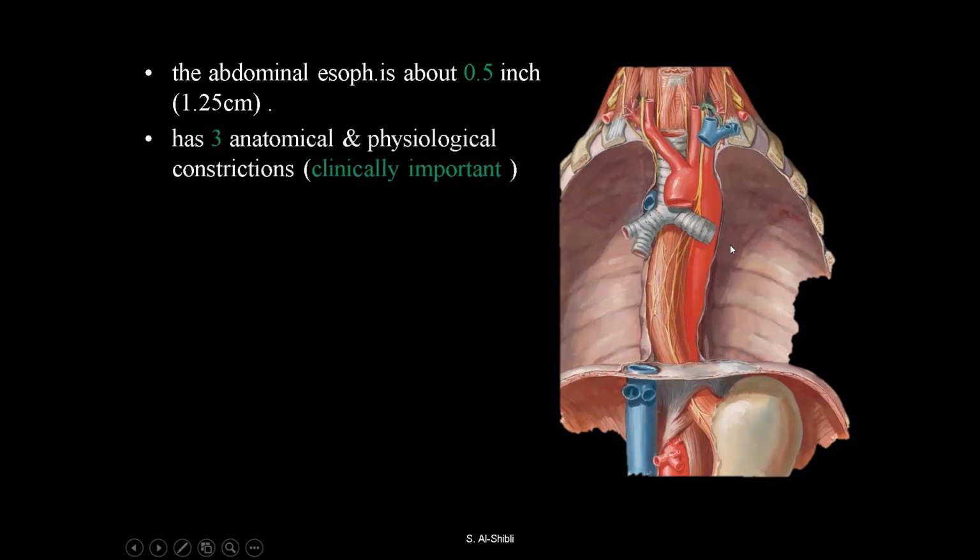Okay, the esophagus has very important anatomical and physiological constrictions, which are clinically important. The first is at the level of the cricoid cartilage, that means C6. The second constriction is where the left bronchus and the arch of the aorta cross in front of the esophagus.